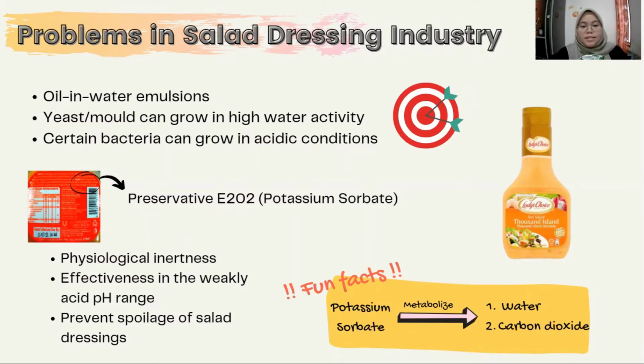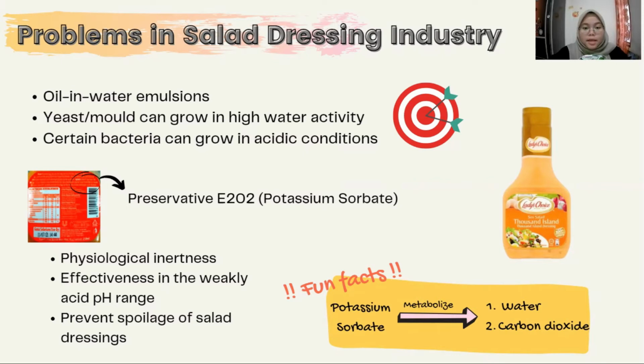Therefore, to overcome this problem, the preservative E202 potassium sorbate has become one of the ingredients in salad dressing, and it can inhibit both yeast and mold, and is also active against several bacteria. Additionally, because of its physiological uniqueness and its effectiveness even in the weakly acidic pH range, potassium sorbate has been used.